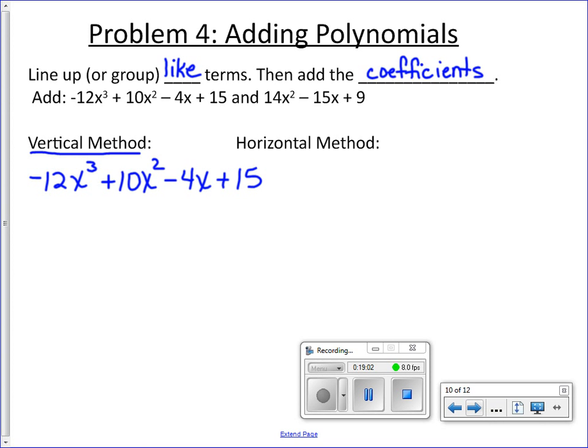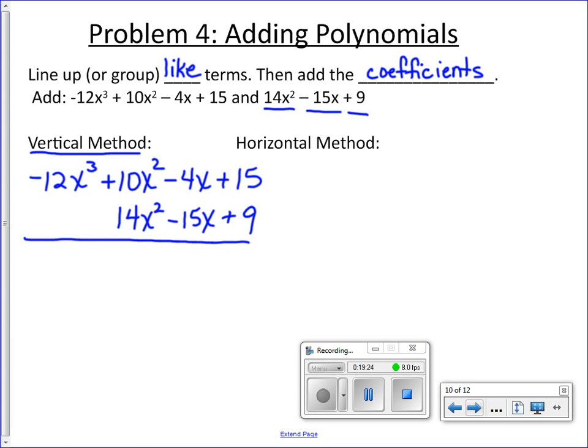And then we're going to line up 14x squared, and we want to put it right under the 10x squared because they are like terms. Minus 15x, and then plus 9. And then draw your line, and we're going to add.